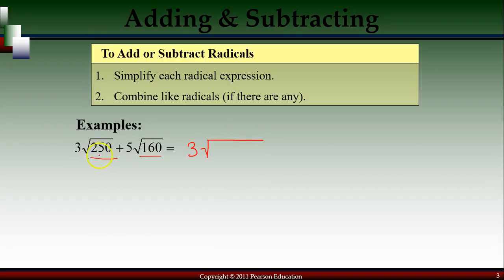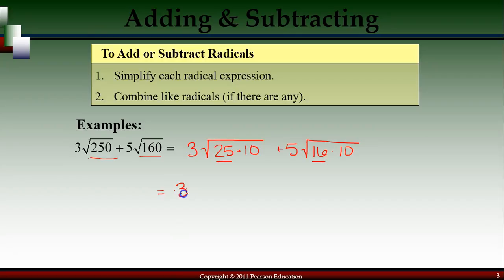On the inside of this radical, 250 we can split into these two factors, 25 and 10. The same thing goes with the next one, the 5 square root of 160 can be split into 16 times 10. Now I'm going to take the square root of 25 for that one and the square root of 16 for that one.